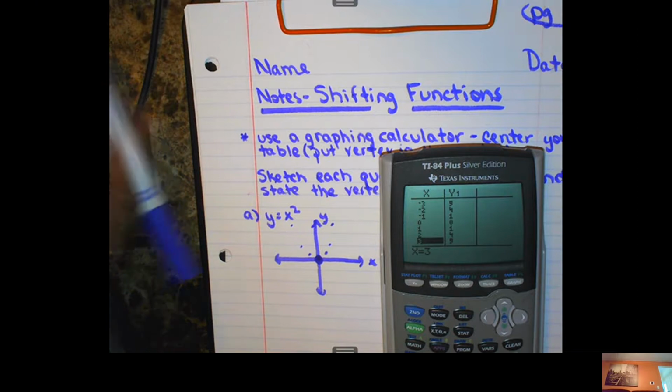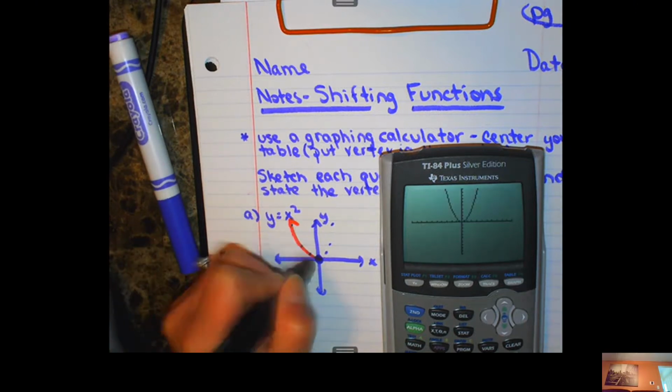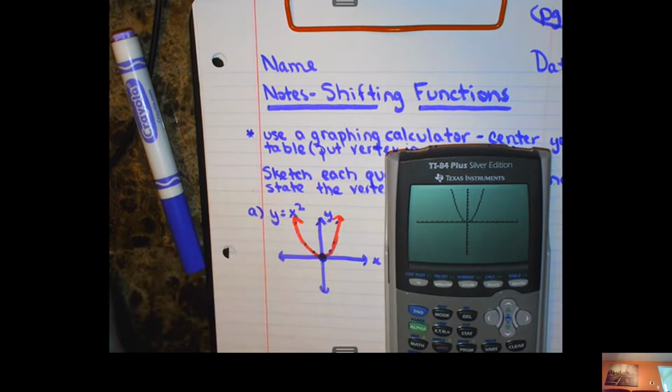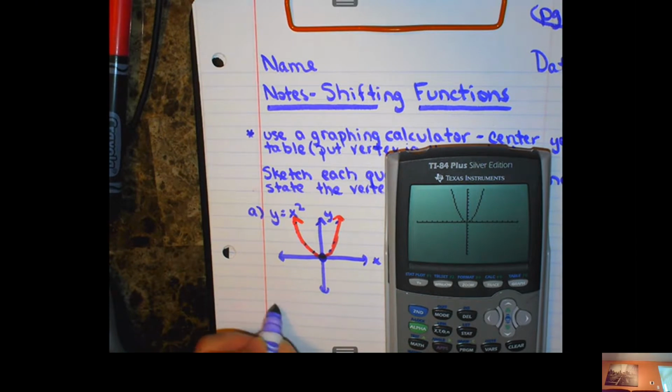And then I just want you to make a sketch of it by just making a U shape. So something like this. It doesn't have to be perfect. There's our parabola. Our vertex was right in the center, which was 0, 0. So can you write vertex, and we're going to write 0, 0. Make sure you put that point in parentheses.